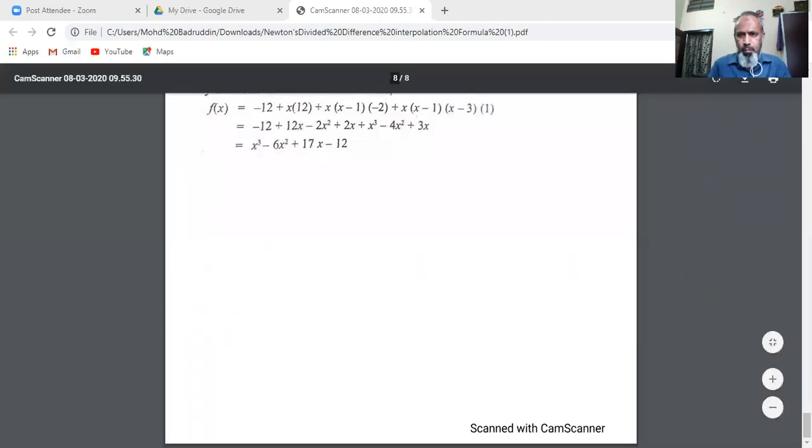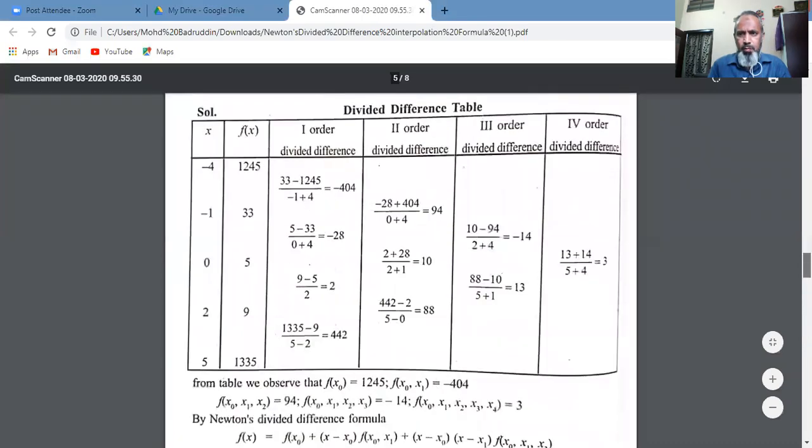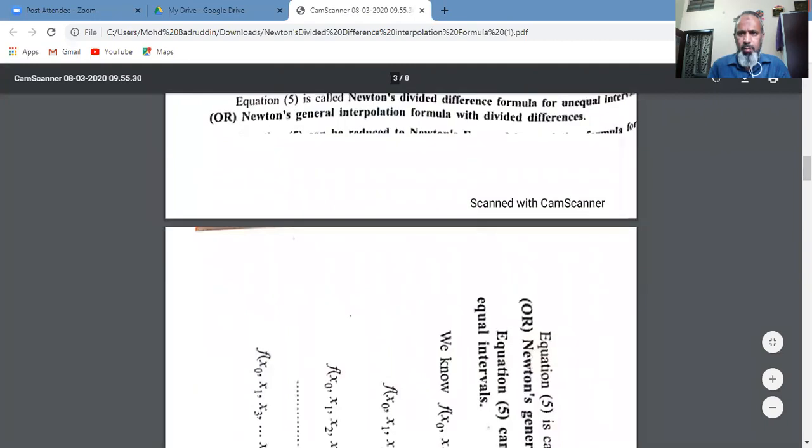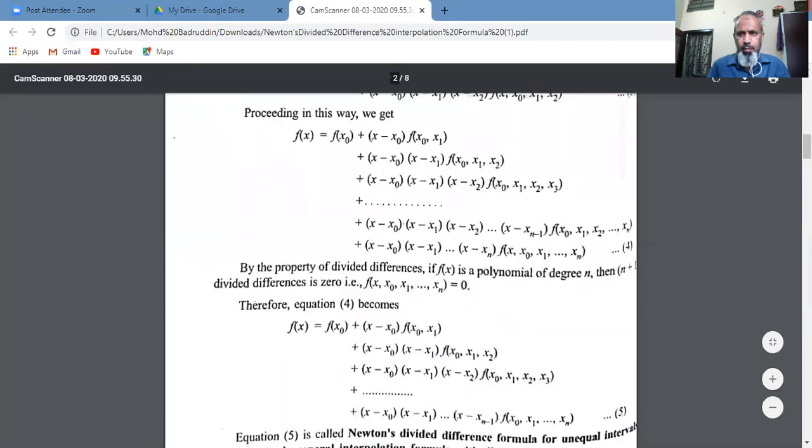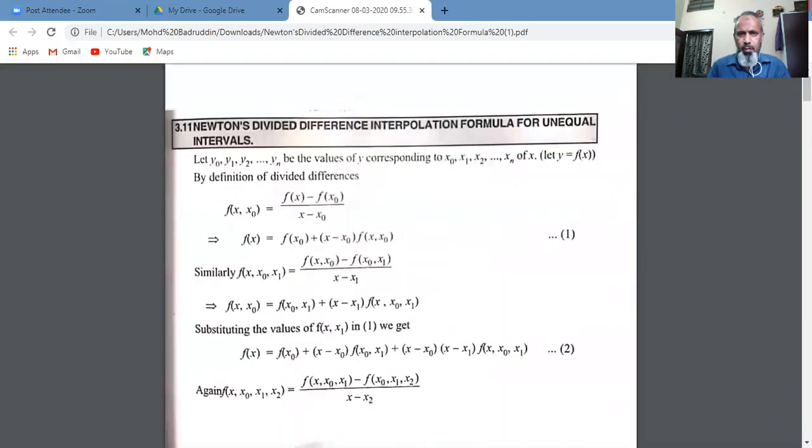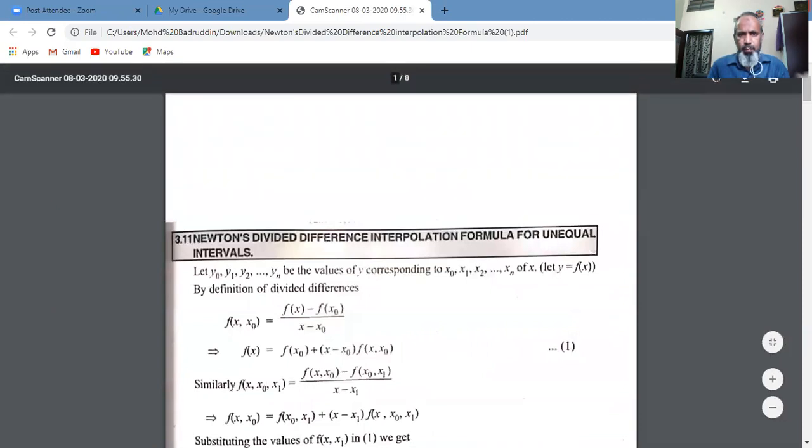Now see here. First we have to derive the formula, Newton's divided difference interpolation polynomial for unequal intervals. So if the arguments are not equally spaced, then we can use Newton's divided difference interpolation formula.